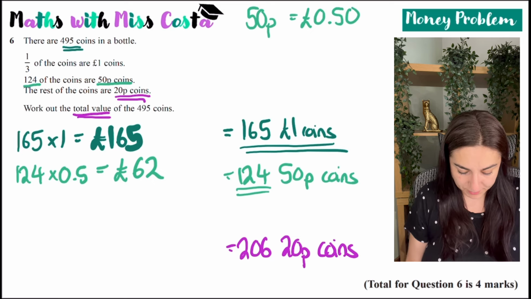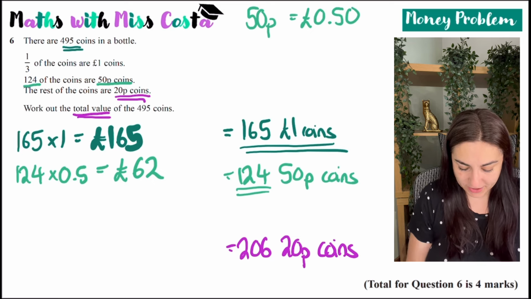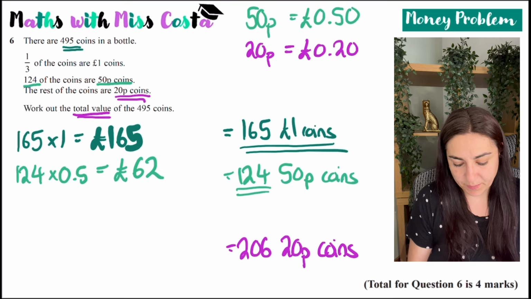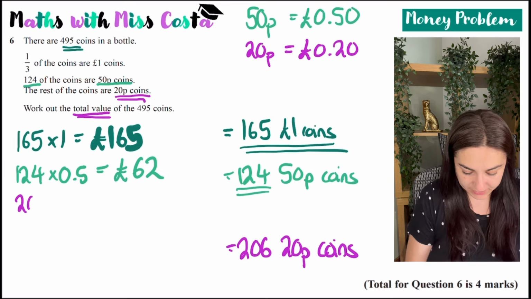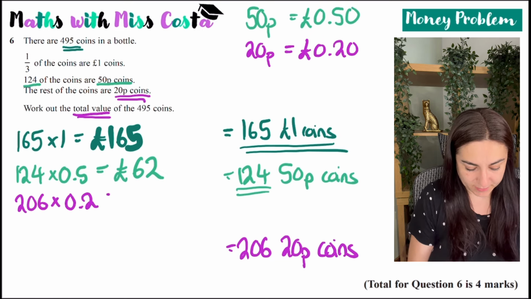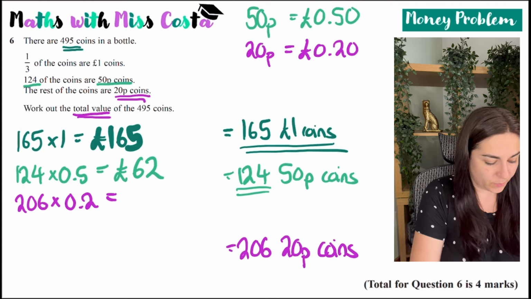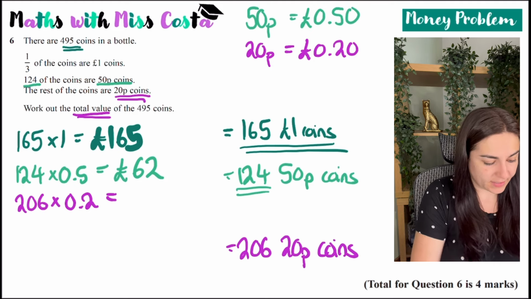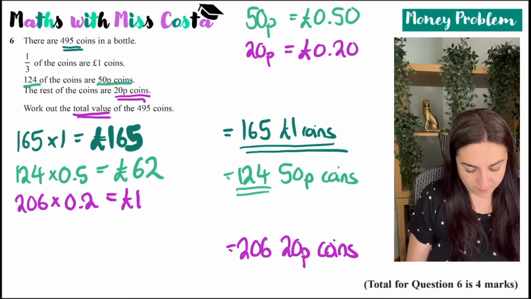And then for the last part, I've got 206 times 20p. So 20p is £0.20. So I could do 206 times 0.2, which is £41.20.